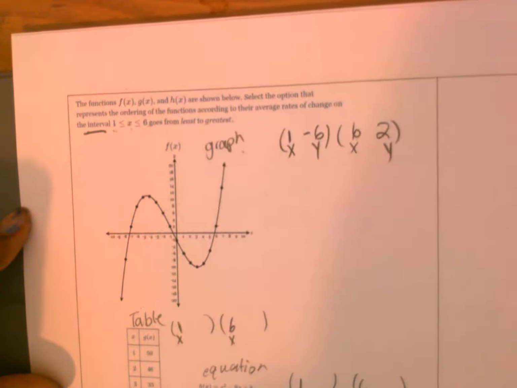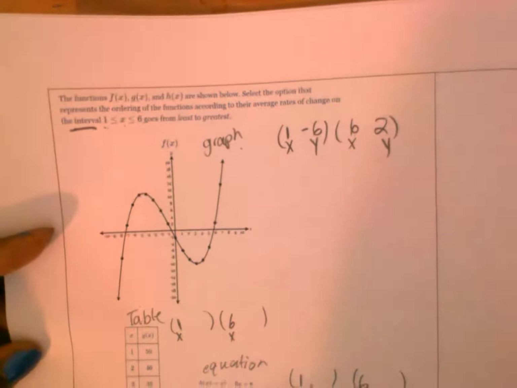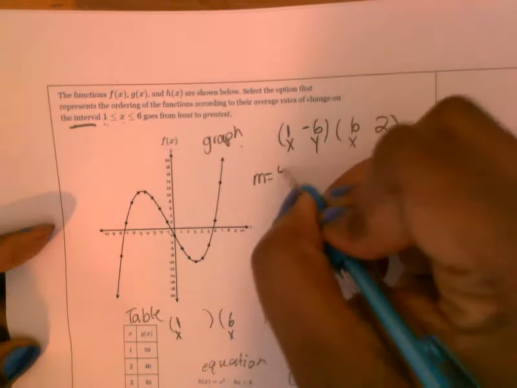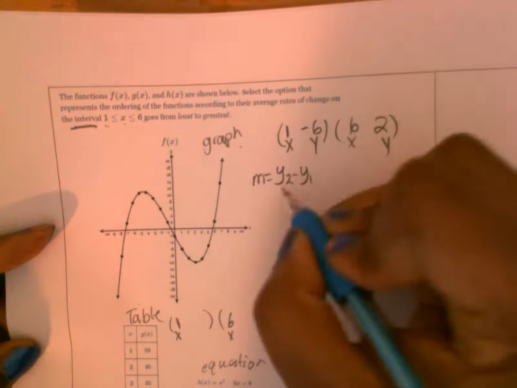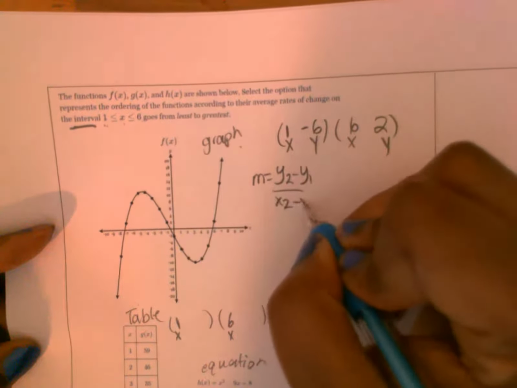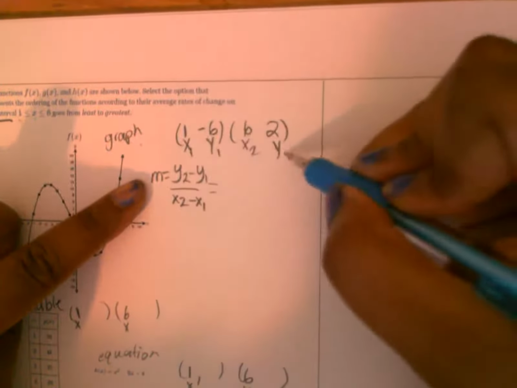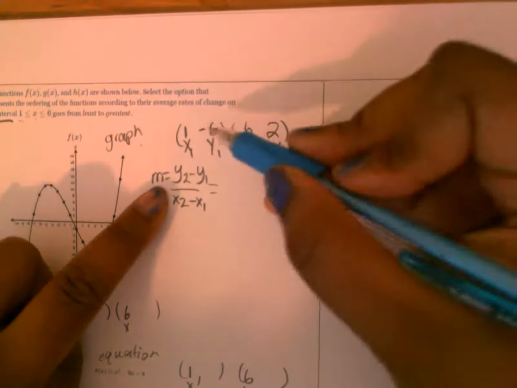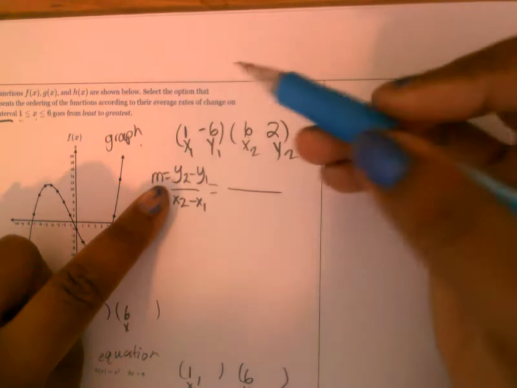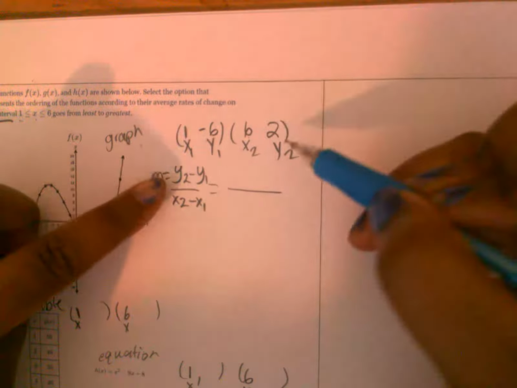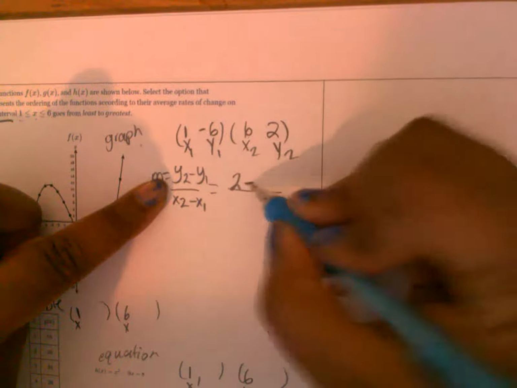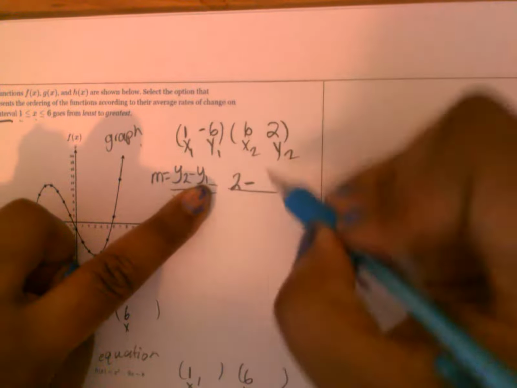Okay? So I'm going to find the slope. I'm going to use the slope formula: y2 minus y1 over x2 minus x1. Okay? So this is x1, y1, x2, y2. And on the top, I'm going to write 2 minus negative 6.